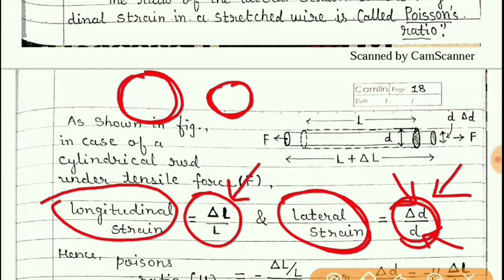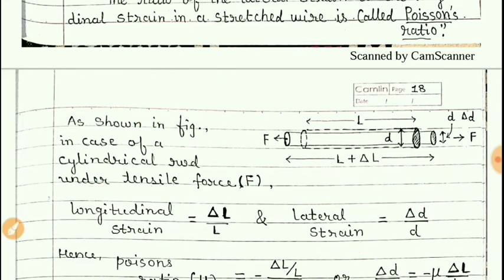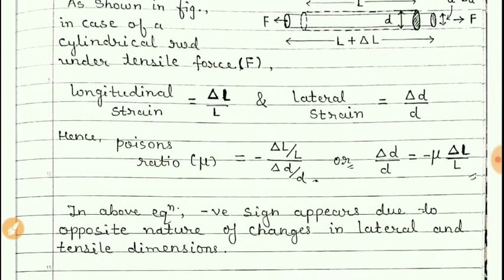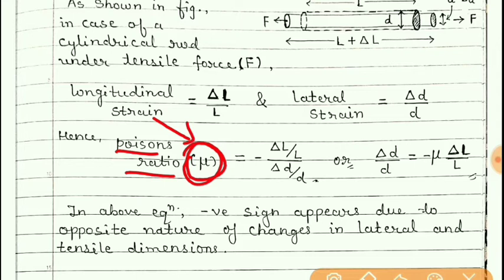This we can call the fractional change in length. So the fractional change in length upon the fractional change in diameter is nothing but Poisson's ratio. Poisson's ratio can be denoted by this symbol mu. This symbol is not given in your textbook, but we can denote it by mu, and it is delta L by L upon delta D by D. Longitudinal strain upon lateral strain.